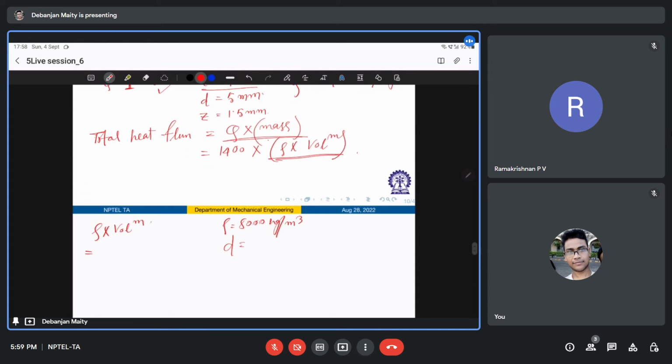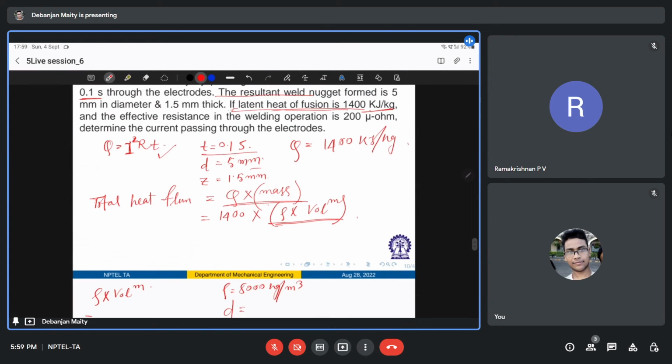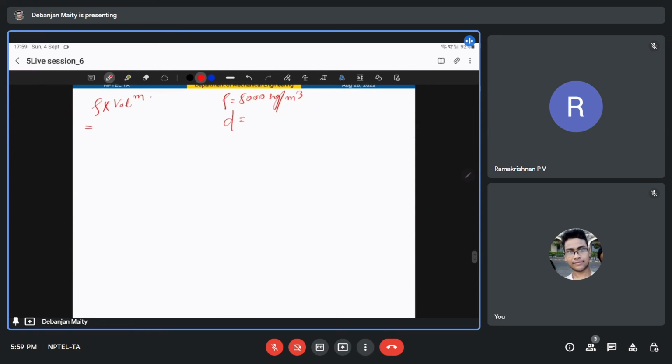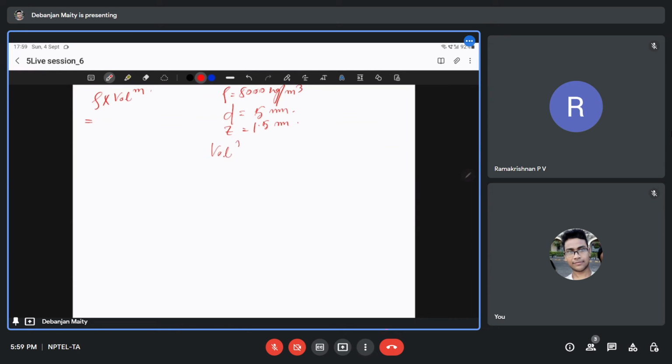d is given as 5, z is 1.5. So volume will be, this is in millimeter cube.